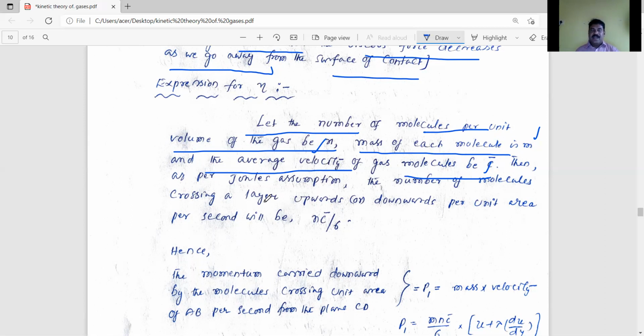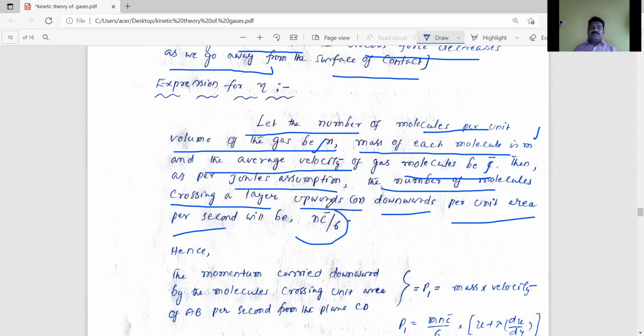Then, as per Joule's assumption, this is a very crucial and important point, the number of molecules crossing a layer in the upward direction or downward direction per unit area per second will be n c bar by 6.